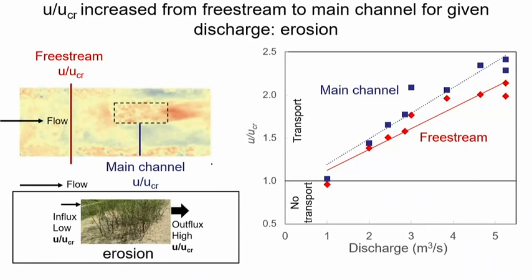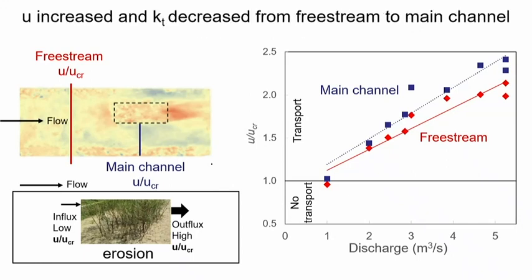What we're saying here essentially is that we can use the combination of mean flow velocity and turbulence to explain this erosion we see in the main channel. But it's how U over U crit is changing, not just what it is in the main channel. I don't want to overwhelm you with figures, so I'm just going to state this and hope you believe me, but I can show you them if you want. If you look at what actually happened independently to U and turbulence, U increased from the free stream to the main channel, but turbulence decreased.